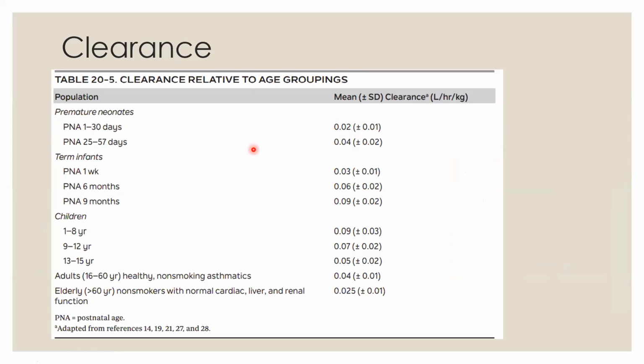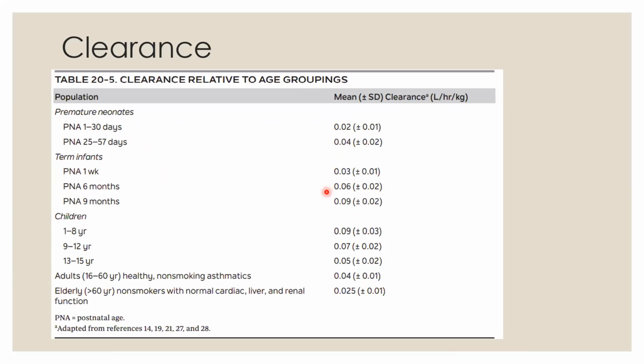The smaller the clearance means the slower it will be cleared. So why is the clearance smaller in neonates?